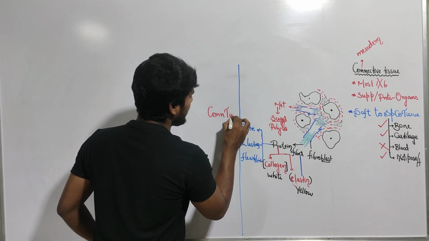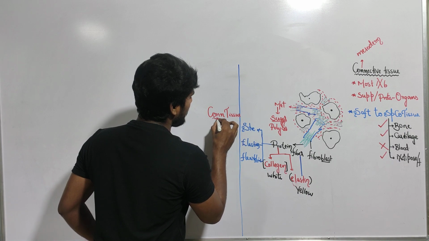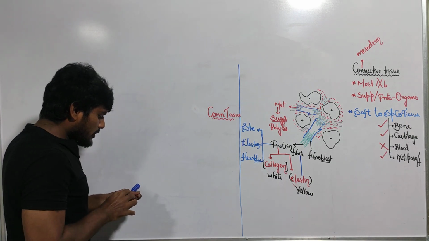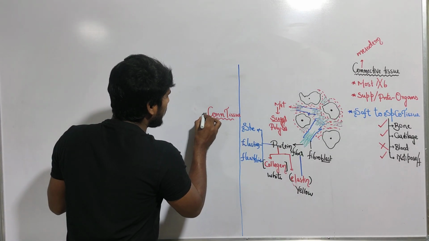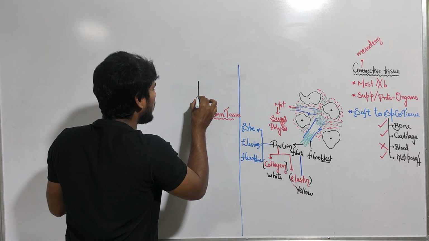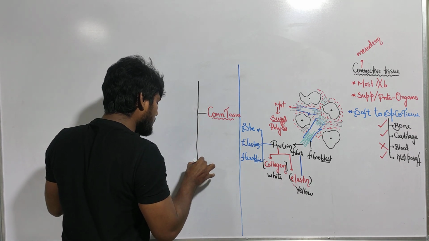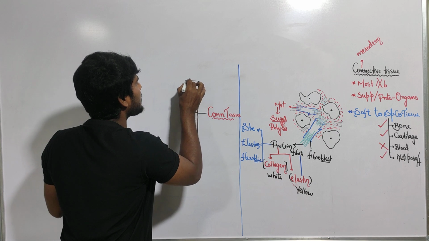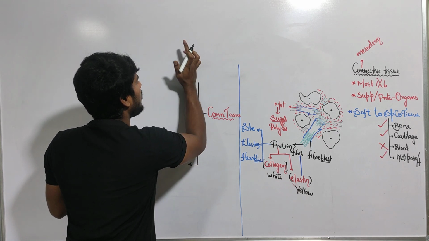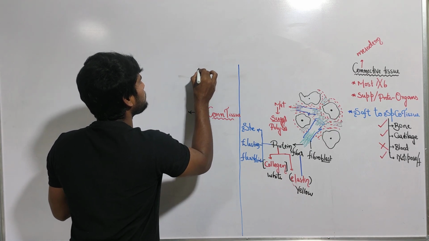Connective tissue. Just now I told you tissue means group of cells. The connective tissue is divided into three types based upon the arrangement or location of the fibers. Three types of connective tissue we will discuss today. What are the three types of connective tissue?